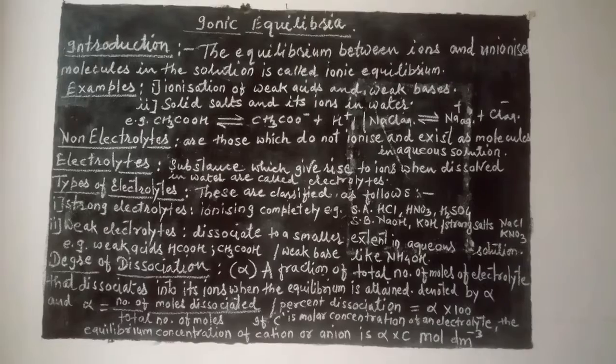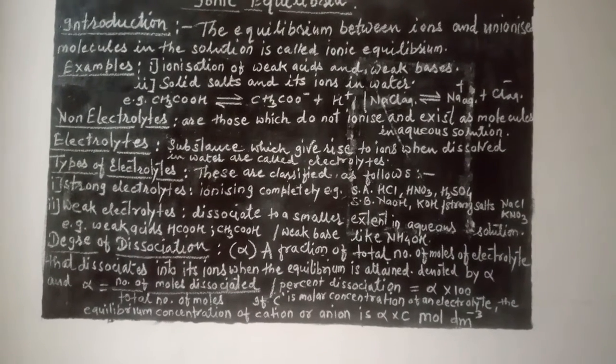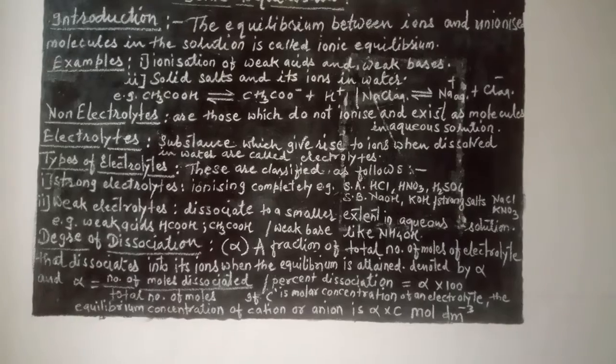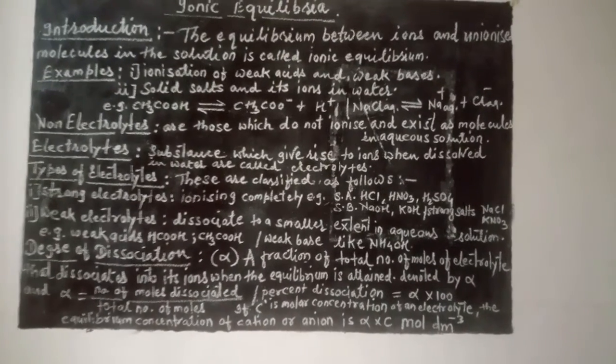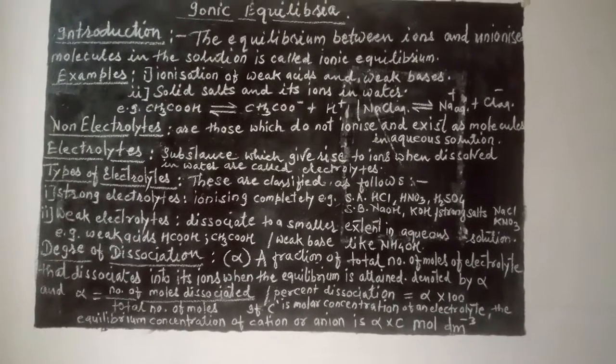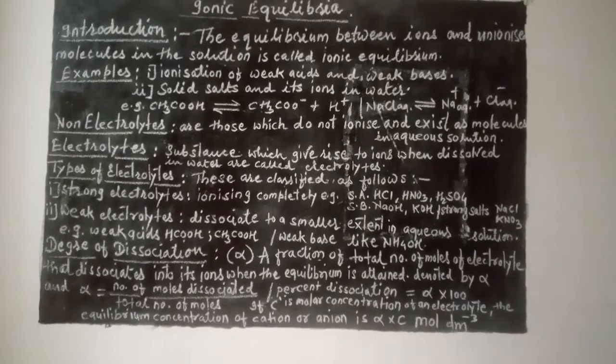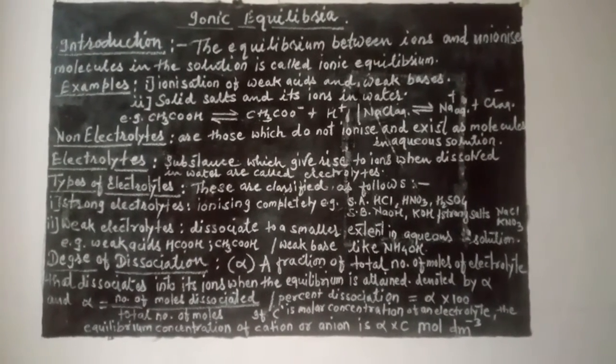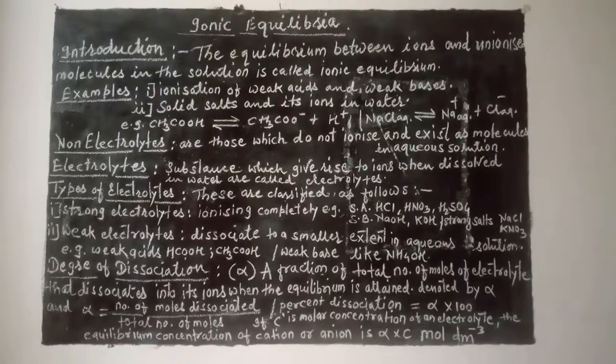Next, number 2, we will discuss the weak electrolytes. The weak electrolytes are those which dissociate to a smaller extent in aqueous solution. So the electrolytes which dissociate to a smaller extent in aqueous solution are called weak electrolytes.